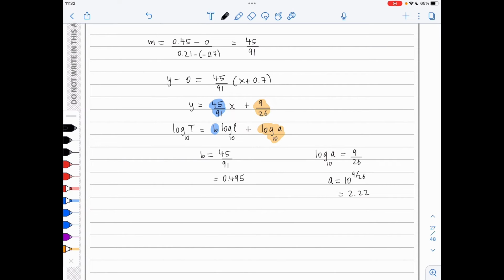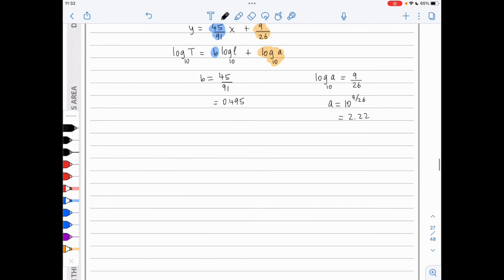So this means that the final model is capital T is 2.22 L to the 0.495.